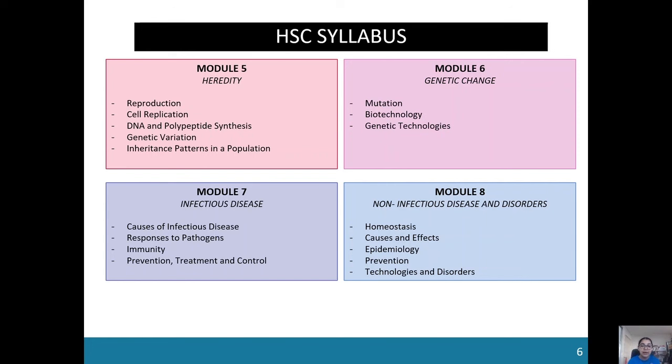Then we look at biotech. Biotechnology also links back to modules 7 and 8 a lot, because we look at technologies and how they can be used to treat different disorders. And then we also look at genetic technologies. So that's module 6, and like I said, there's a lot of overlap with the other modules.